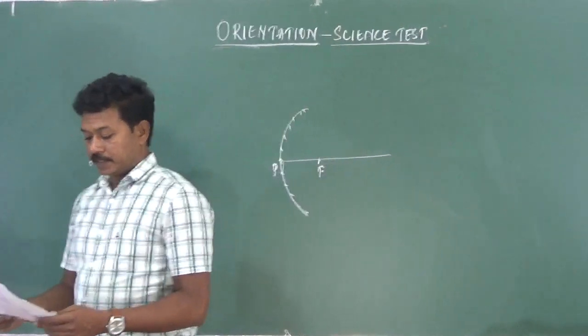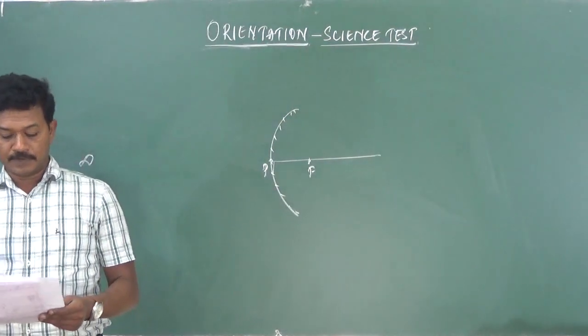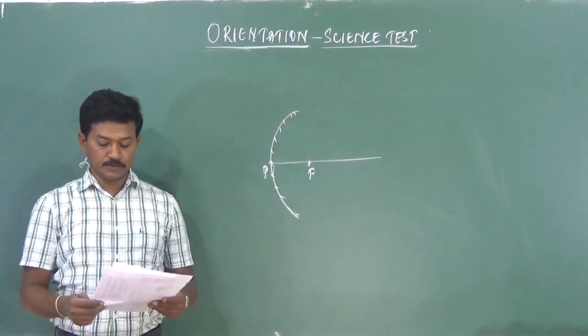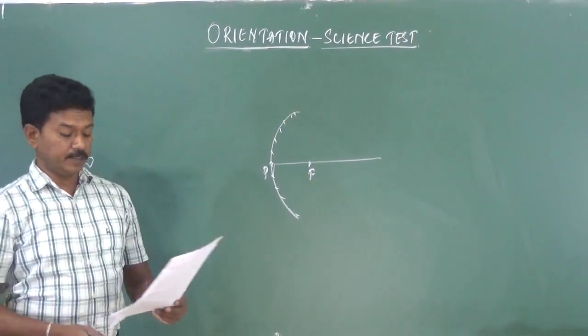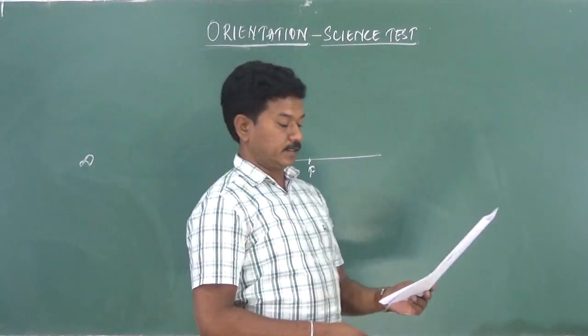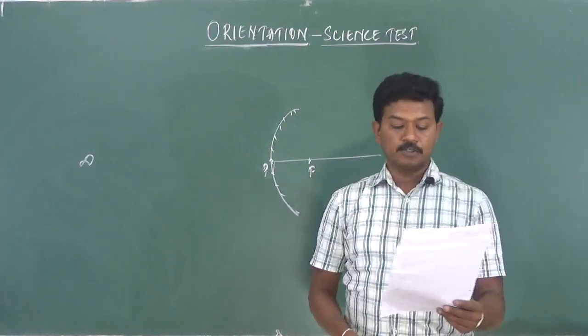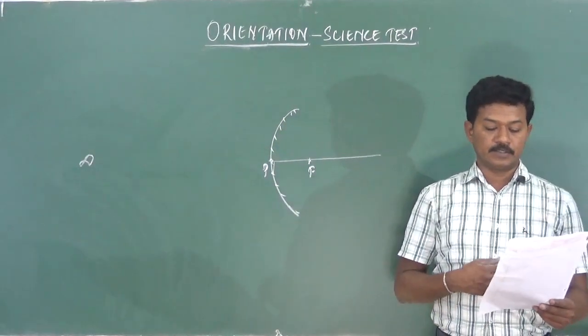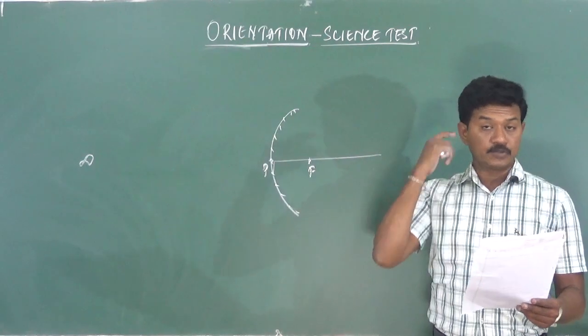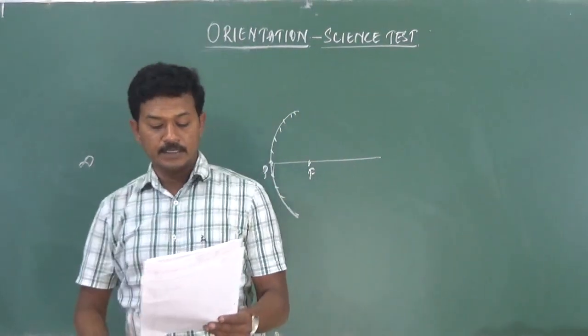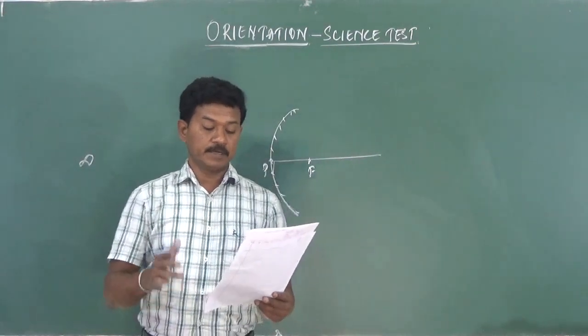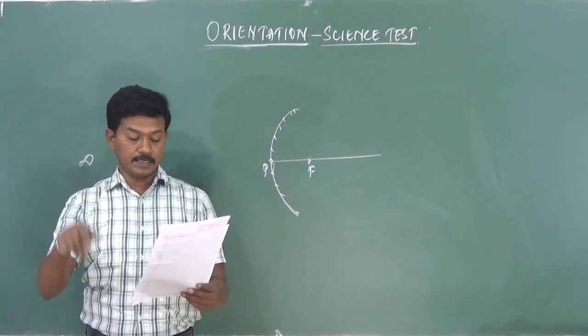Define the term magnification. Write the formula for magnification of a mirror, explaining the symbols used in the formula. Magnification of an image is defined in two different ways. The ratio of the height of the image to the height of the object is called the magnification of the image. It is represented by the small letter m.